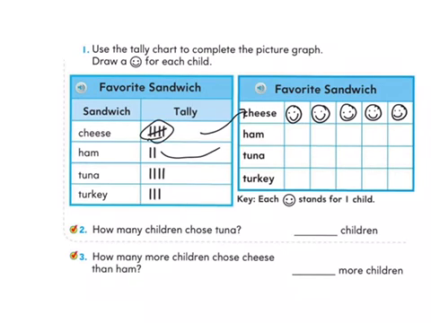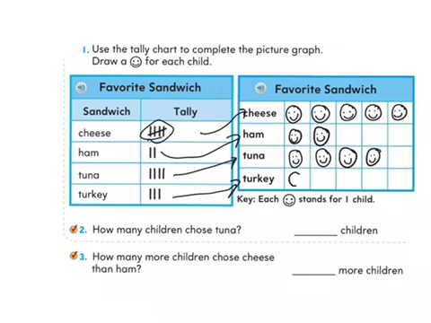Same thing with ham. 2 kids chose ham, so I'm only going to draw 2 smiley faces. 4 kids chose tuna, so I'm going to draw 4 smiley faces. And our last one, turkey, that's the one I would have chosen. There are 3 kids that chose turkey, so I'm going to draw 3 smiley faces. So there is our picture graph.